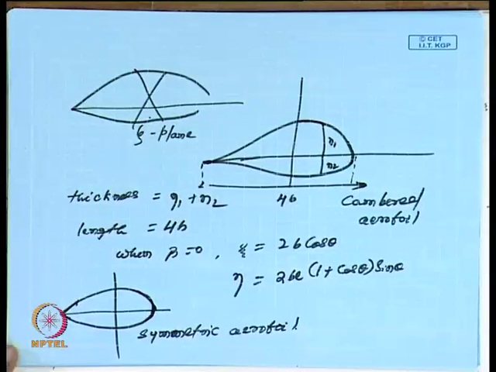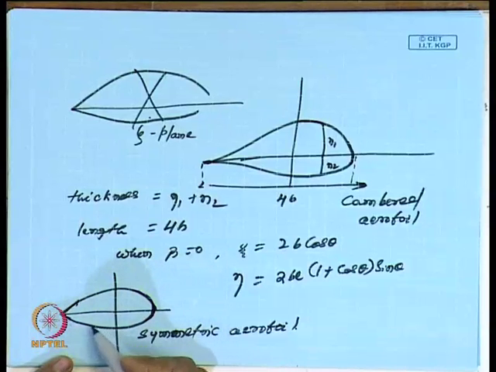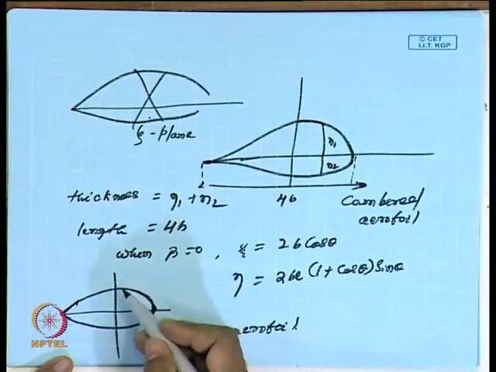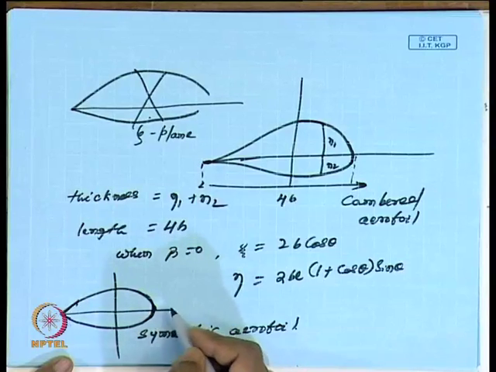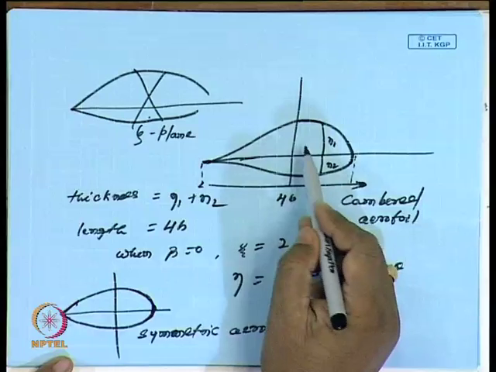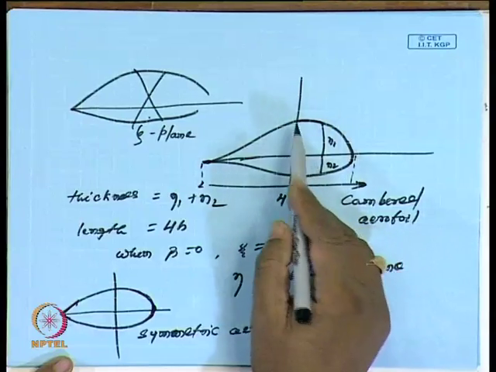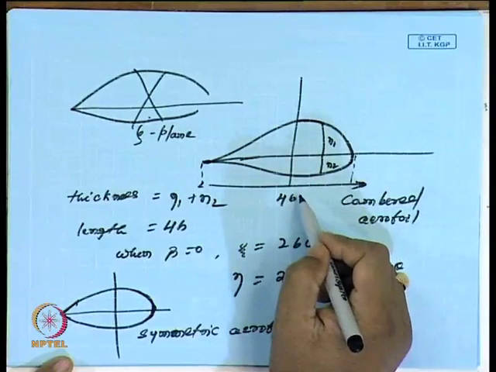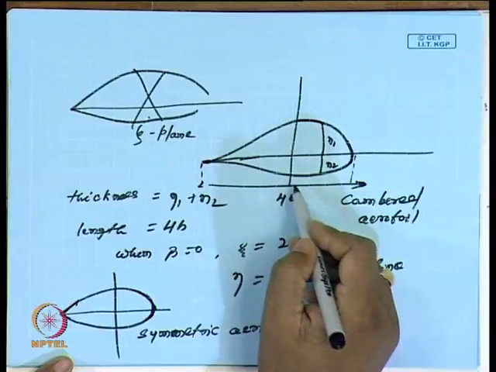And we will see that always in this case the pressure distribution will be uniform, because it is symmetric on both sides about the xi axis. On the other hand, here the pressure on this side will be maximum compared to this side, because there is a vertical shift.